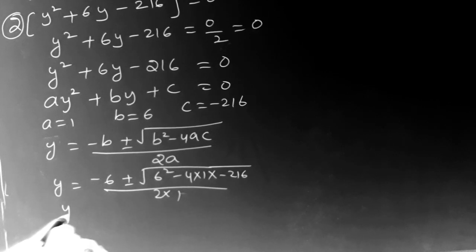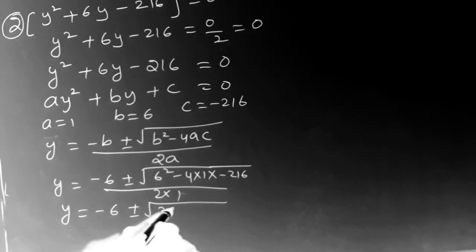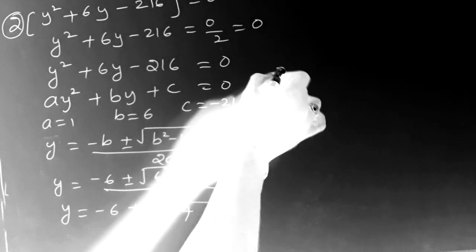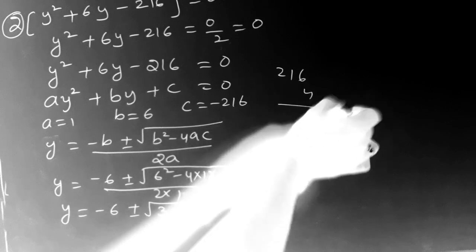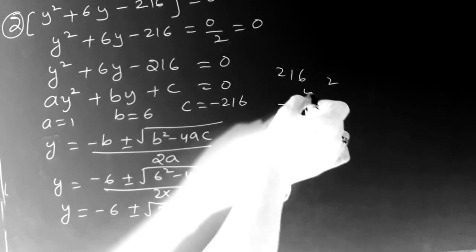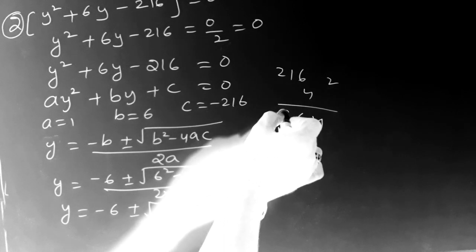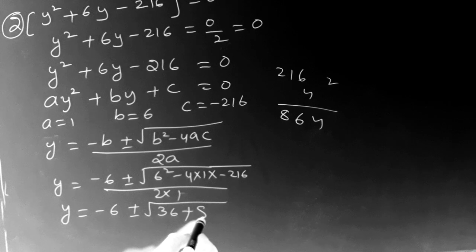So y is equal to minus 6 plus or minus under root 6 square is 36, minus into minus will be plus, 216 into 4 we have to find. 4 6s are 24, 4 1s are 4 plus 2 is 6, and 4 2s are 8, that is 864, by 2.